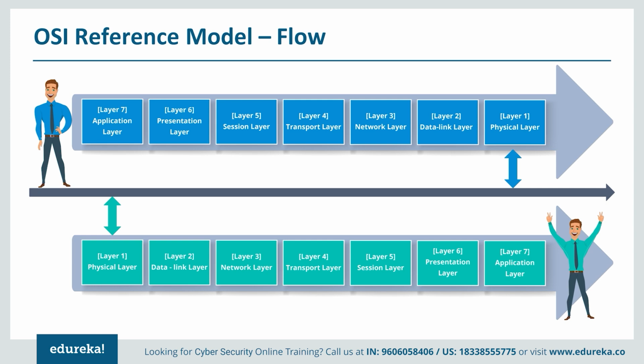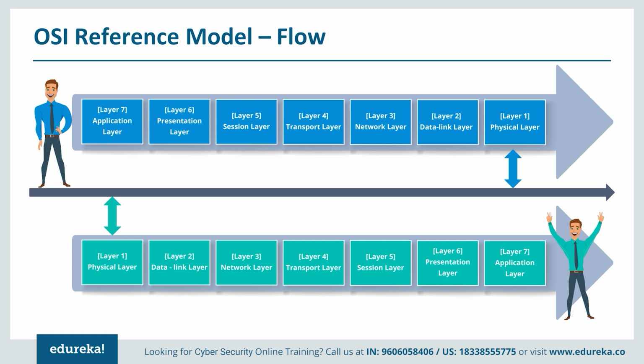So any data which originates from the user will originate from the application layer. It should pass through the 7 layers below, and again it has to move up at the recipient's end. The data origination is only from the application layer at any end.